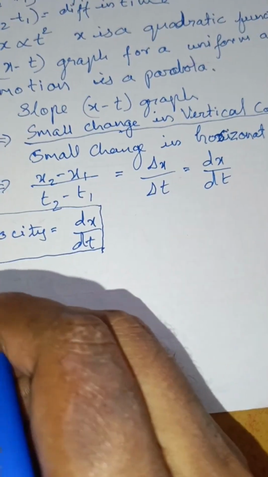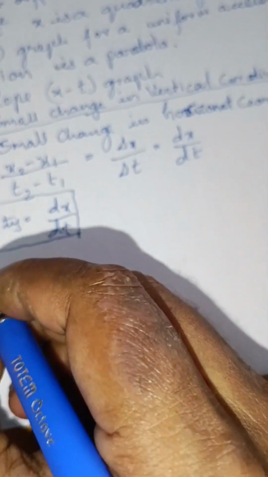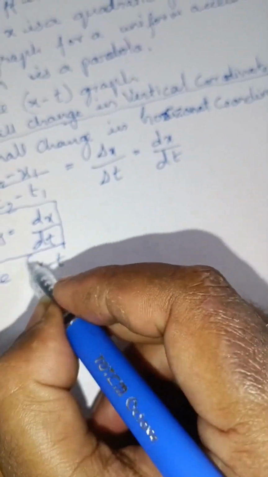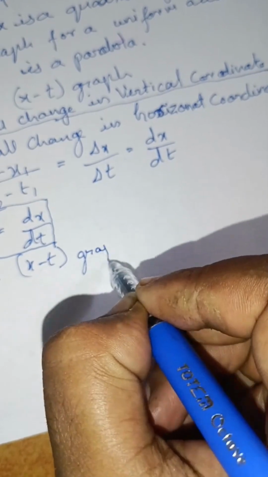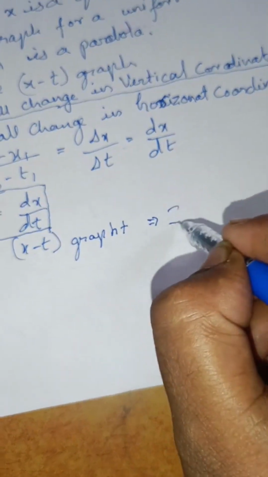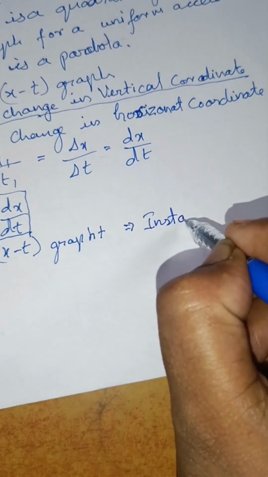So the last point we would like to conclude is that the slope of a position time graph will always give me the instantaneous velocity.